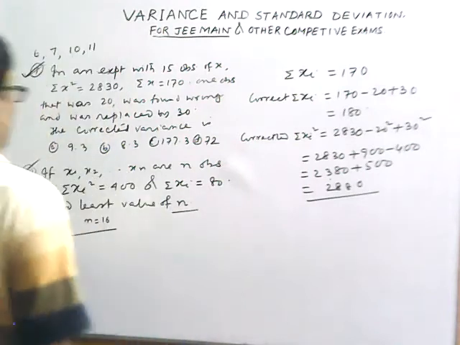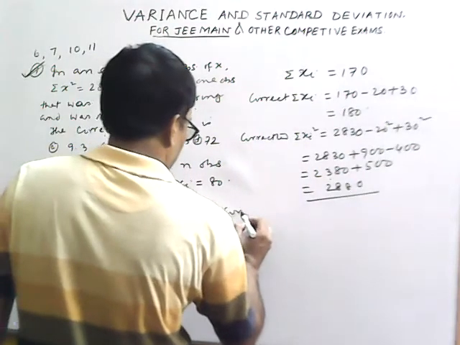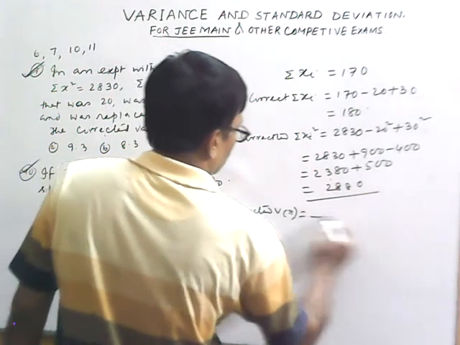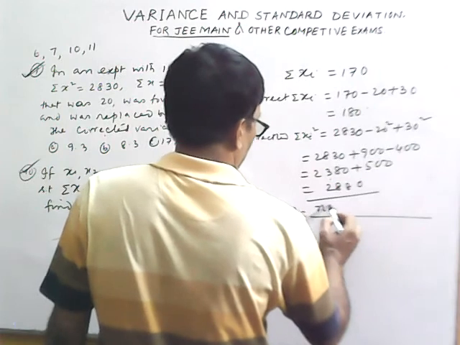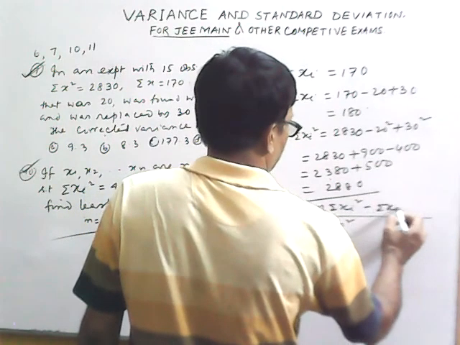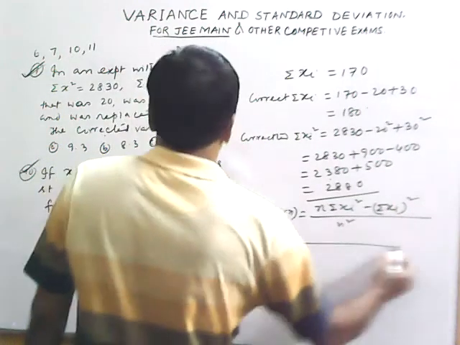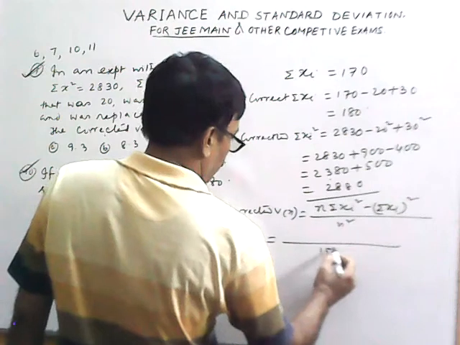Now we have to find the corrected variance. Corrected Vx, using the shortcut formula, is 1 by n square into n times summation xi square minus summation xi whole square. Here n is 15, so this is 15 square.